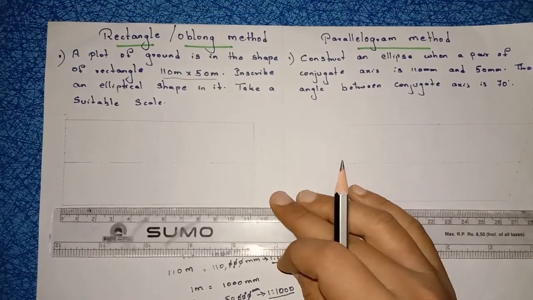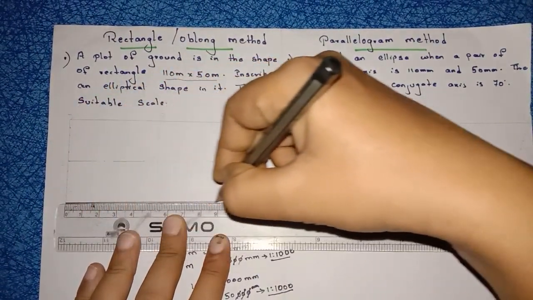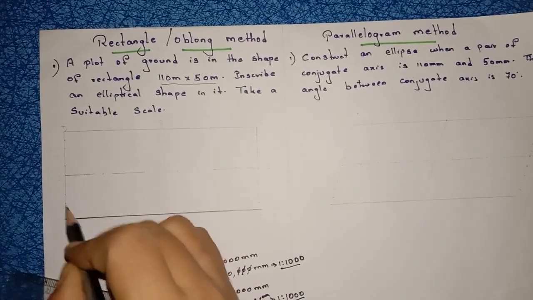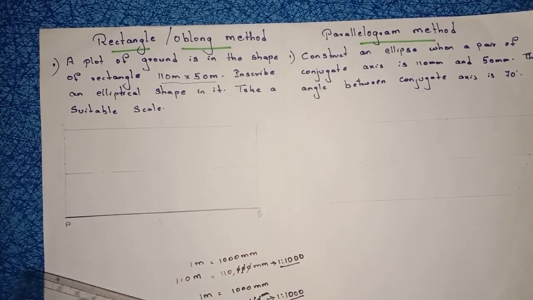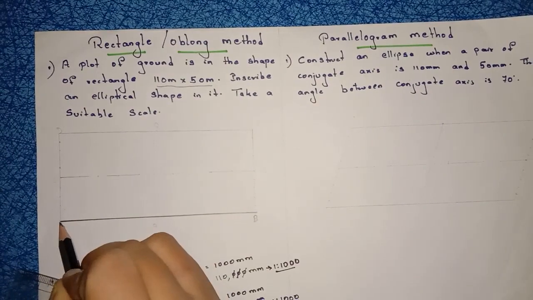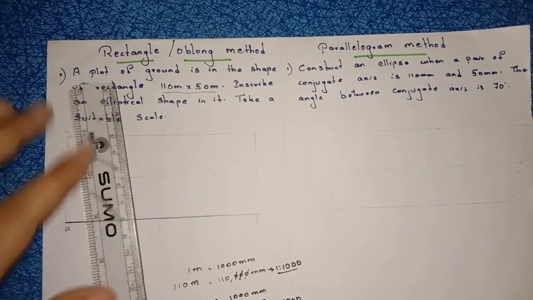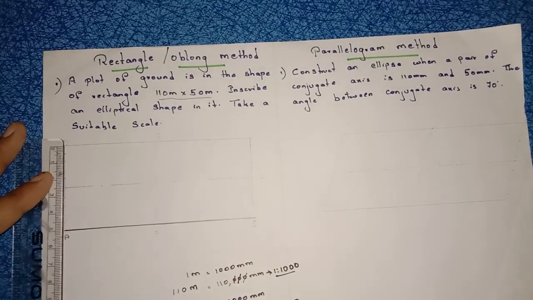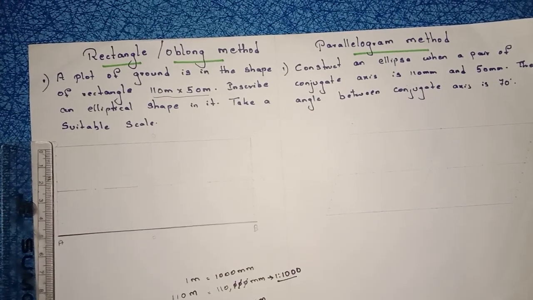So first construct an 11 centimeter line, and name it A and B. Then I place the protractor here and mark 90 degrees, because this is the rectangle method. So next, the height is how much? 50 mm.